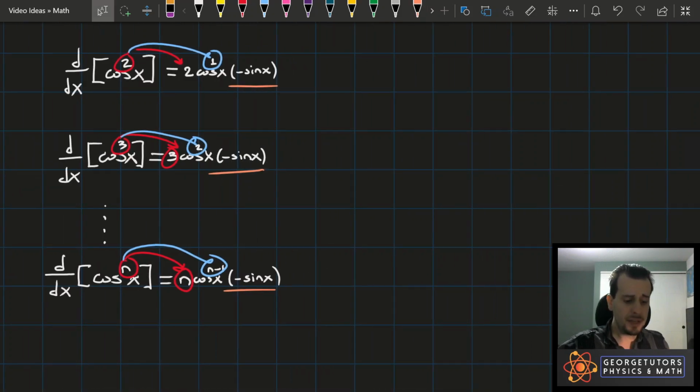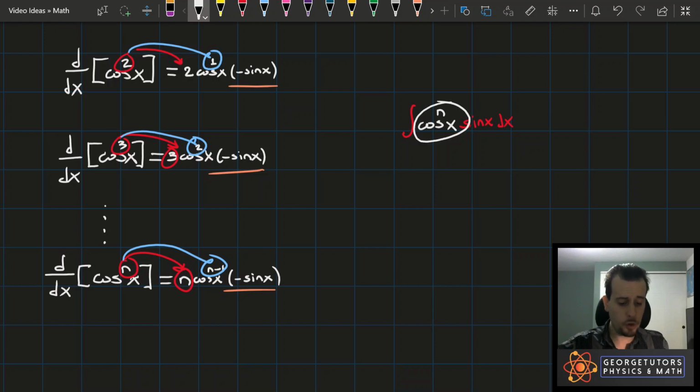So I'm going to ignore the negative. You'll see why. But if I have a sine right now, provided I have a sine under my integral sign, it means that I can integrate right now any power of cosine, by simply doing what?